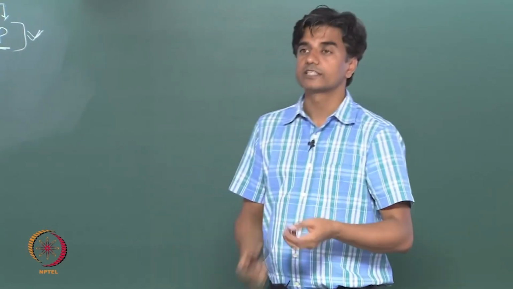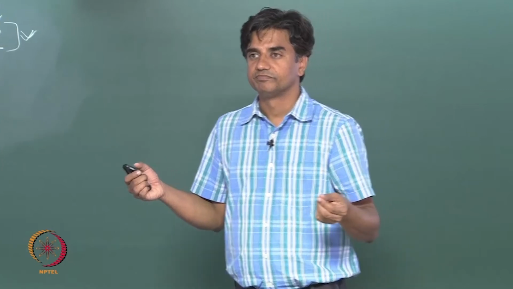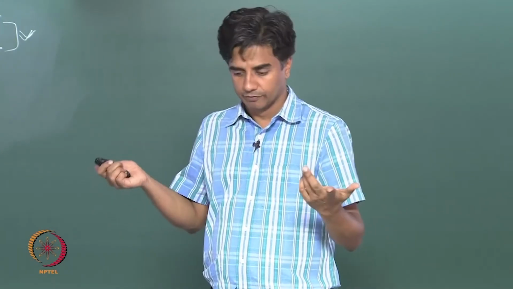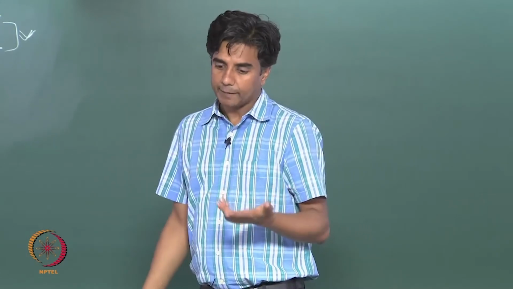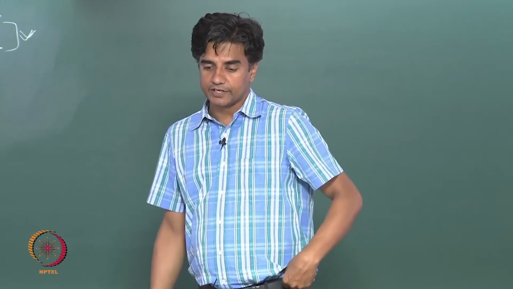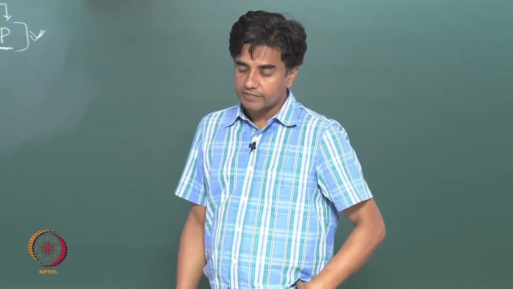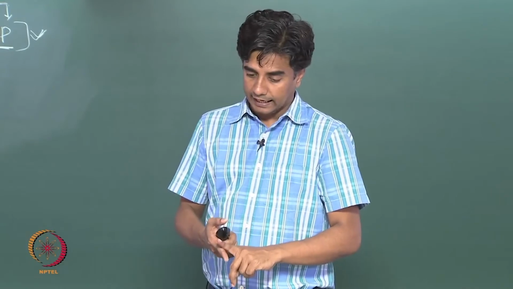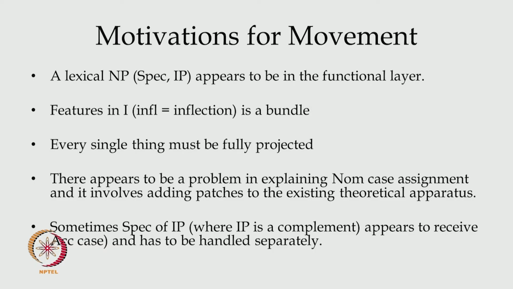Every single thing must be fully projected. That is, AGR, TP and ASP must be fully projected. And once we do that, there appears to be a problem explaining nominative case assignment, and it involves adding patches to the existing theoretical apparatus.